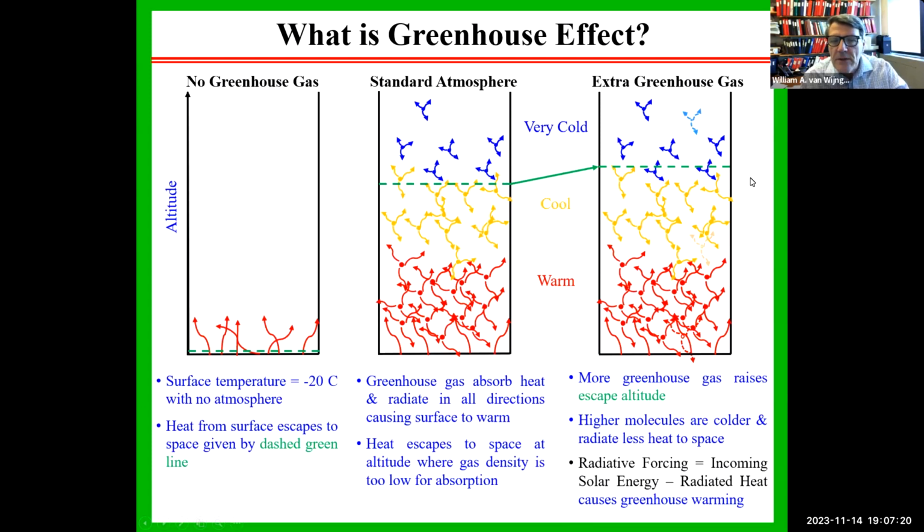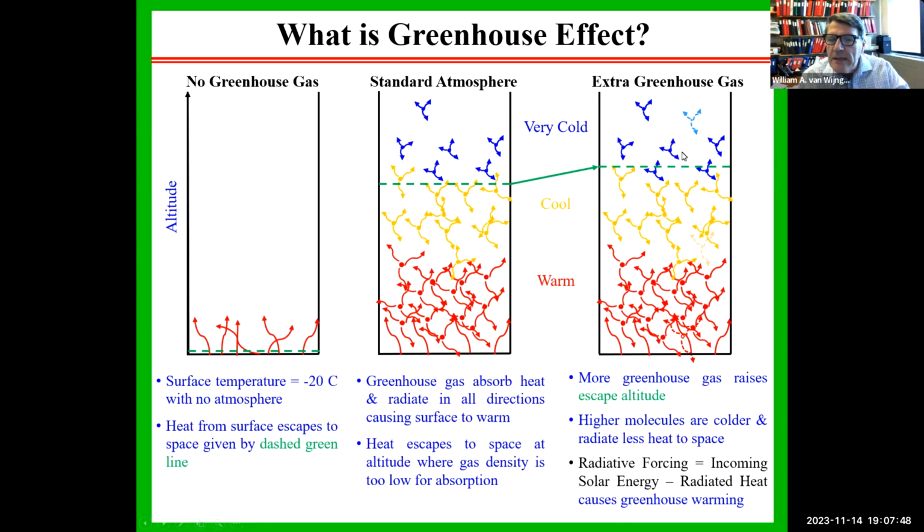Next, in the third panel, we consider the case of when we add some greenhouse gas molecules. I've tried to indicate that by a little light blue molecule, here a little light yellow, here a little dashed red. It's difficult to see because we don't add that many. Because we've added more of these greenhouse molecules, that altitude at which the radiation can escape to space goes up slightly.